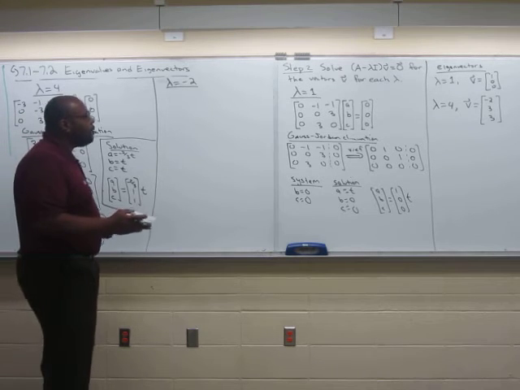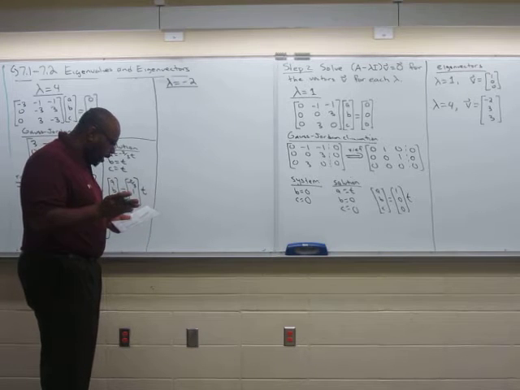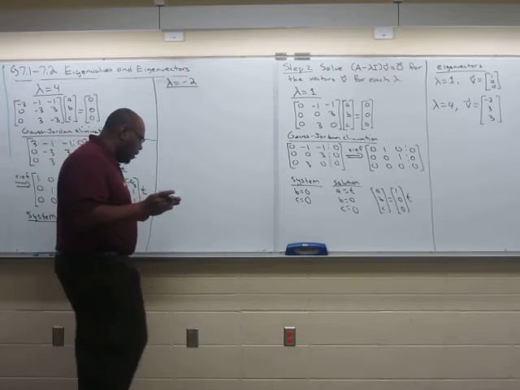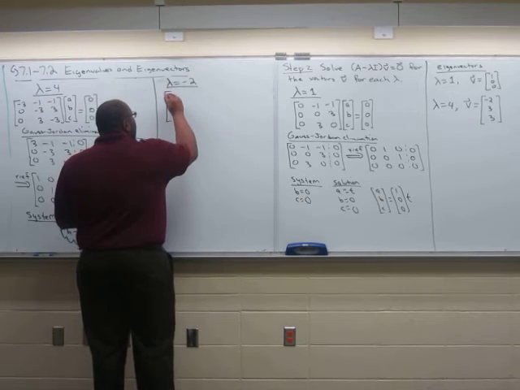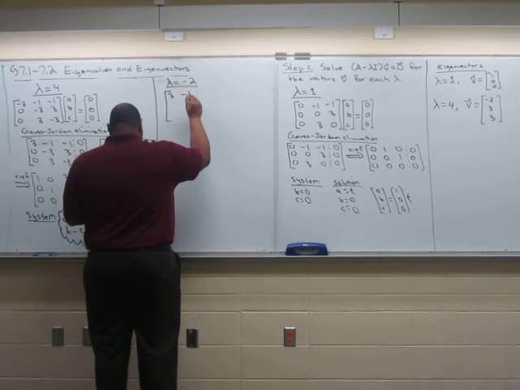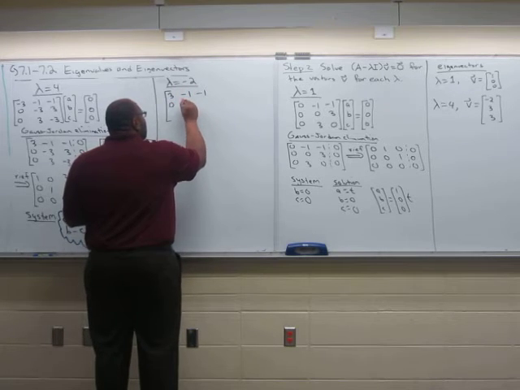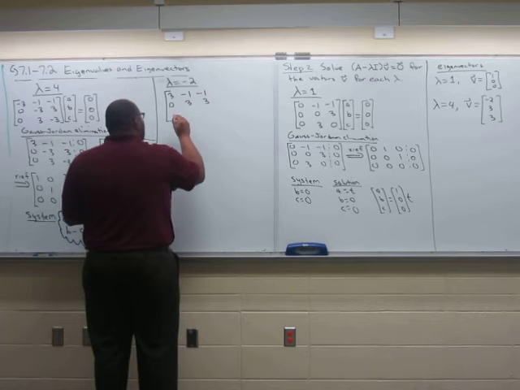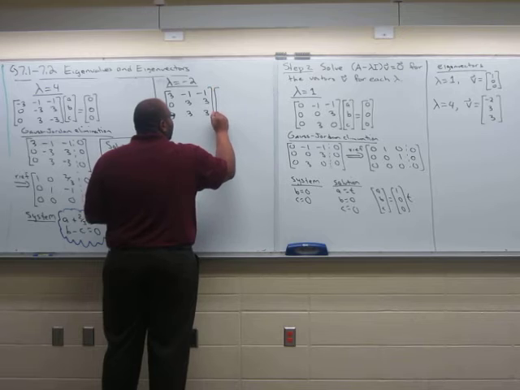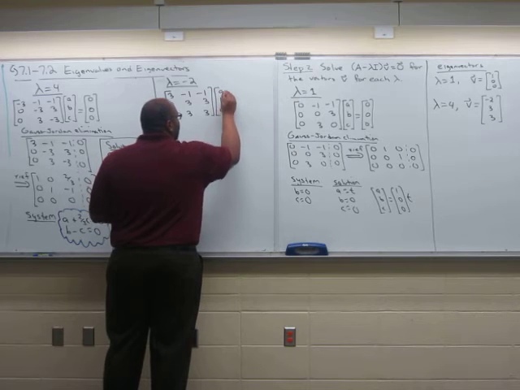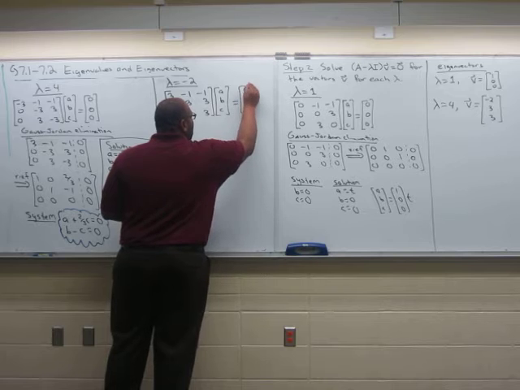I know I just erased A minus lambda I, didn't mean to do that. If I plug negative 2 into A minus lambda I, what I end up with is this: 3, negative 1, negative 1, 0, 3, 3, 0, 3, 3, times the vector A, B, C equal to 0, 0, 0.